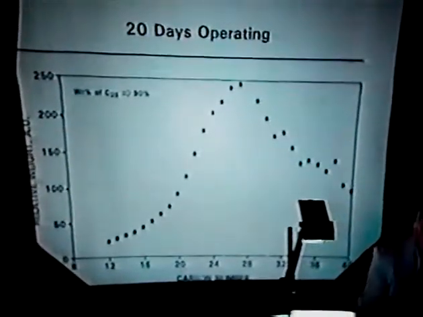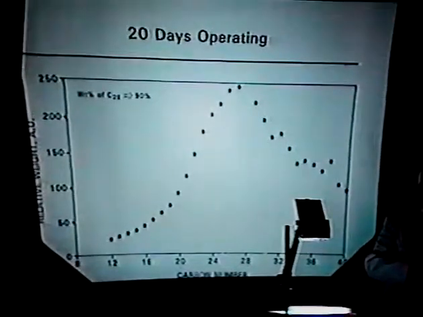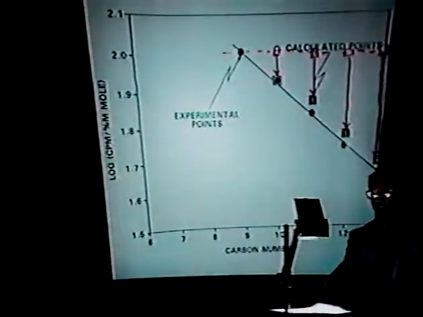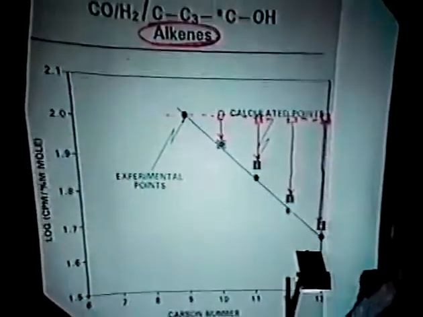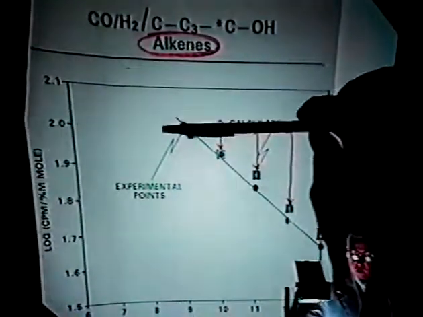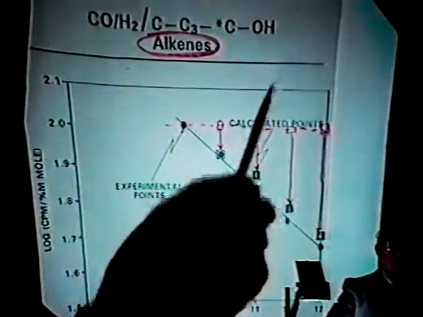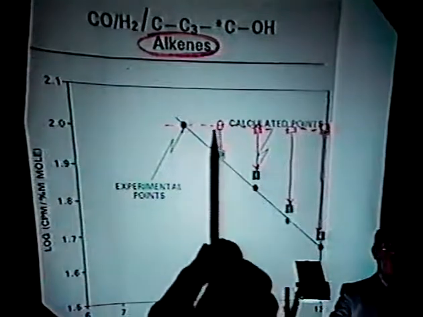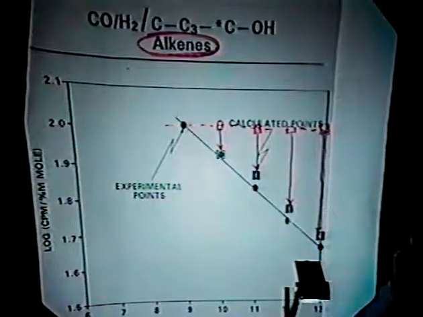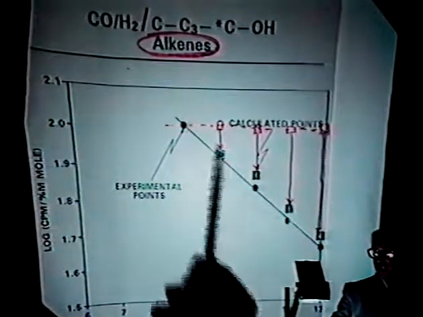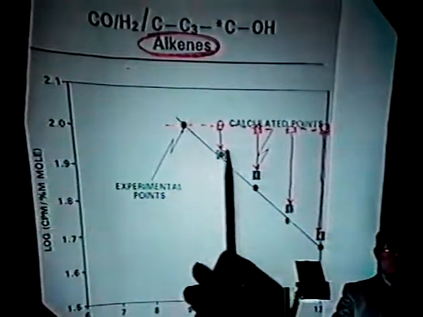Now, when we do this for the alkenes, we have calculated how much accumulation of alkenes by carbon number would decrease the carbon-14. What we are showing here is if we assume that you get equal carbon-14 per mole for all of these carbon numbers in the alkenes, and then we correct for the amount of alkene that has accumulated in the reactor, this correction will move the experimental point.